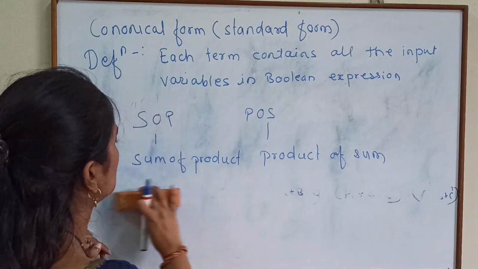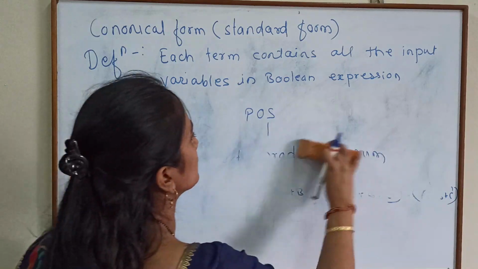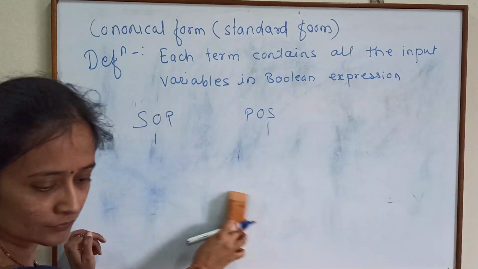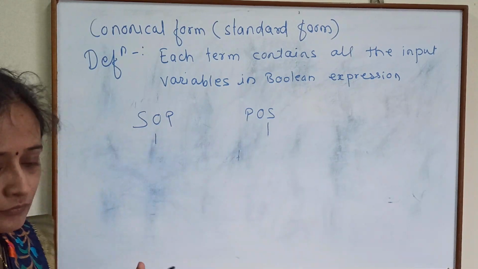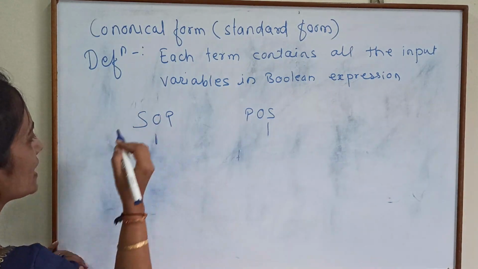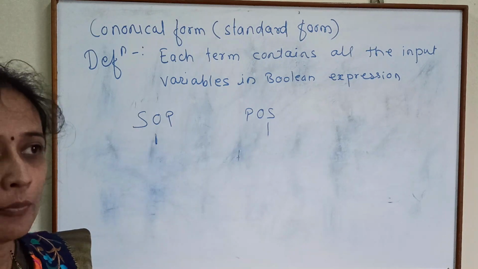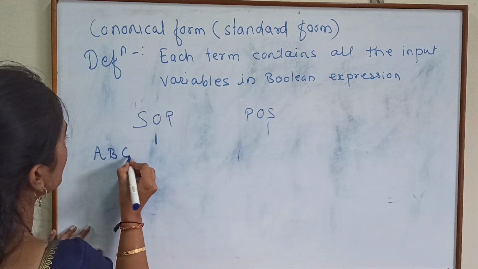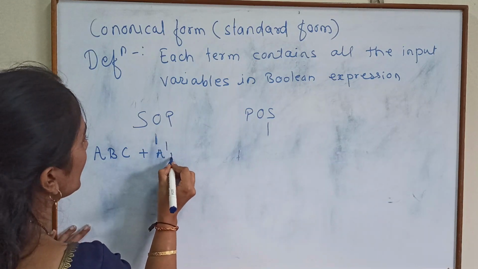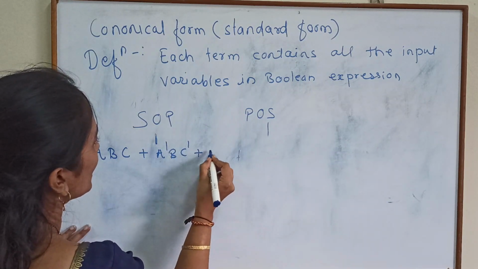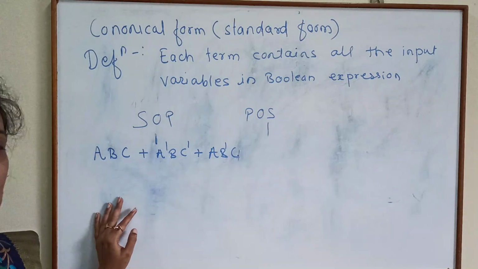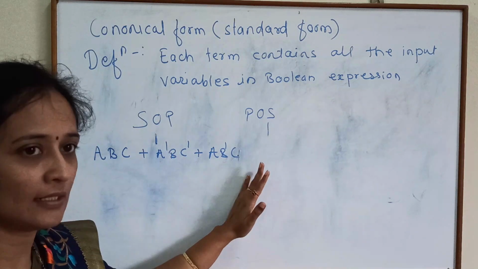Now in SOP, SOP means sum of product. If I write A B C plus A dash B C dash plus A B dash C, how many terms are there? 3 terms are there.